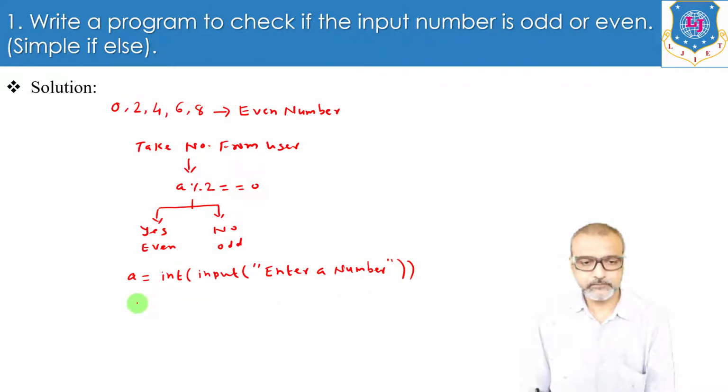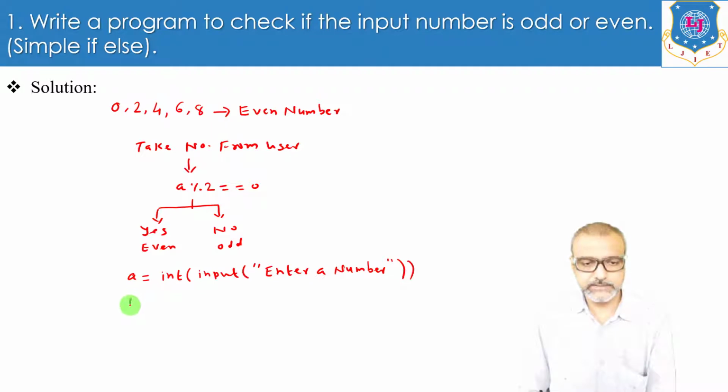Okay. Now we will just apply if else condition. Before applying if else condition, why I have taken int over here? Because input of any number will give you string value, and we are interested in integer value. That's why we have written int over here.